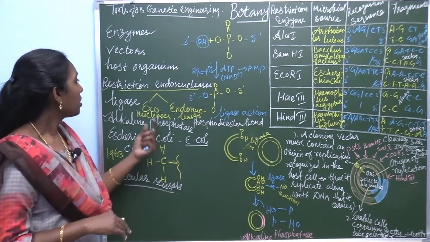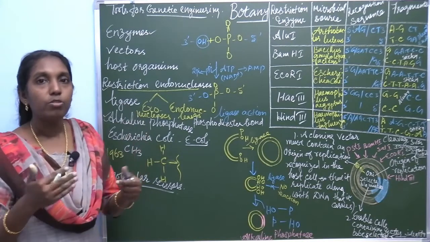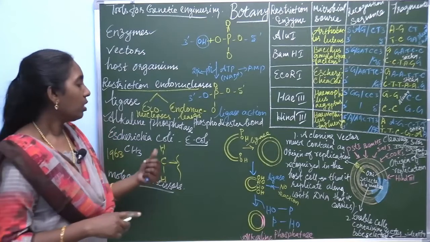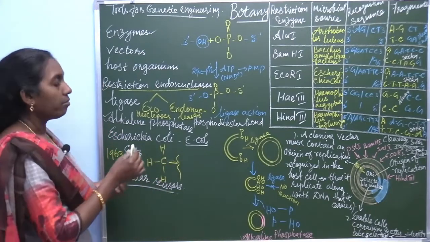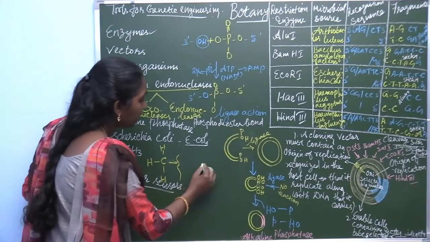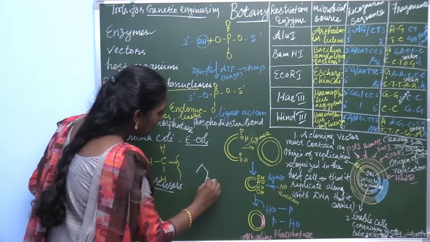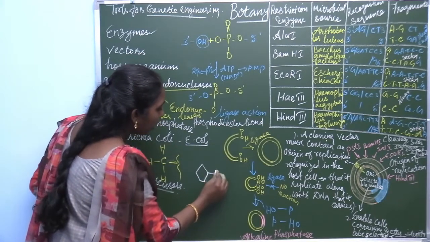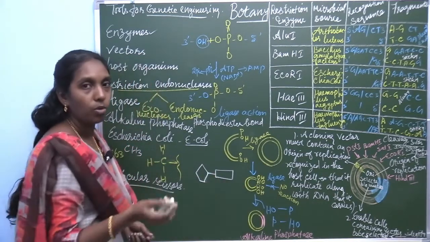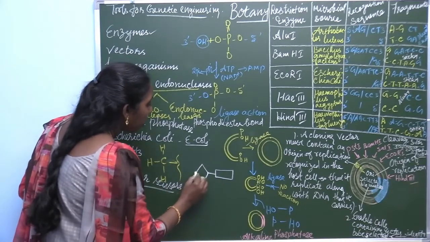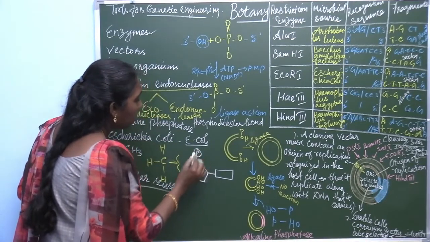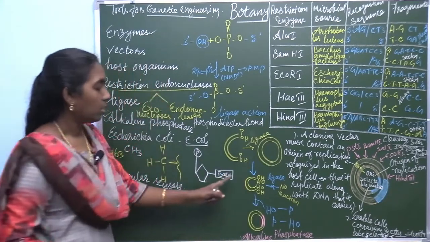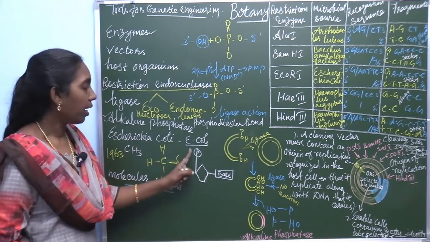Another enzyme is ligase. Ligase enzyme is used to join the sugar and phosphate group. A nucleotide consists of a nitrogenous base, sugar and a phosphate group. The nitrogenous base, that is adenine, guanine, thymine or cytosine, is attached with the sugar and phosphate group.